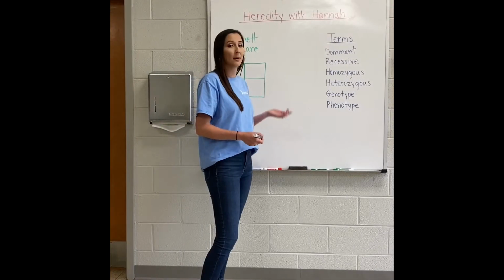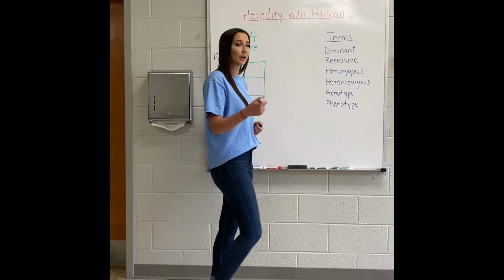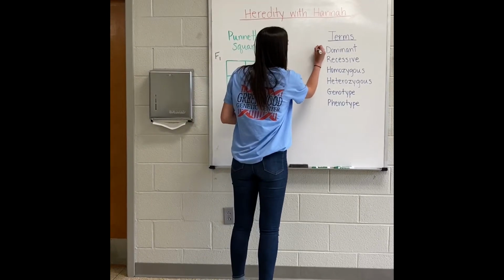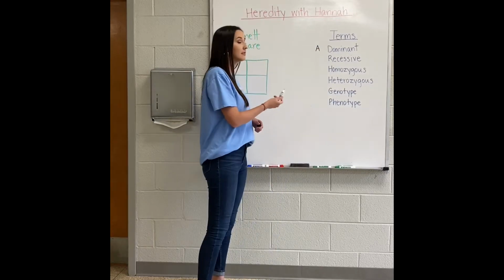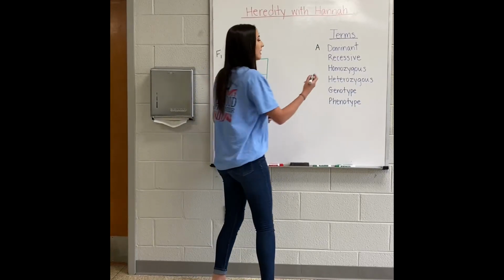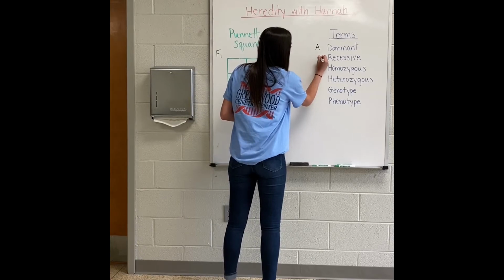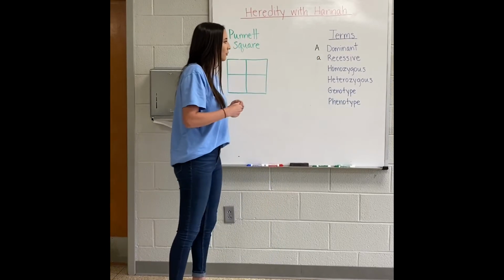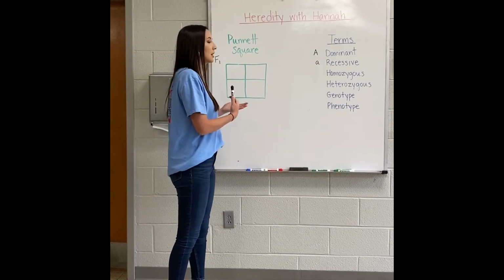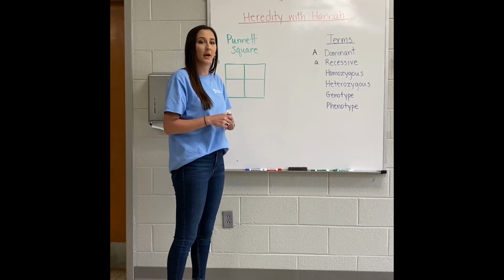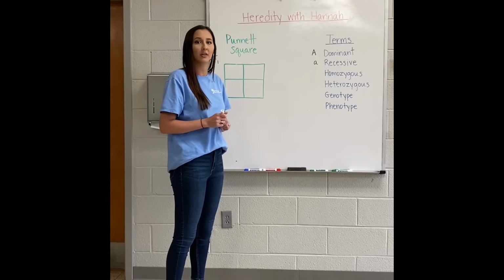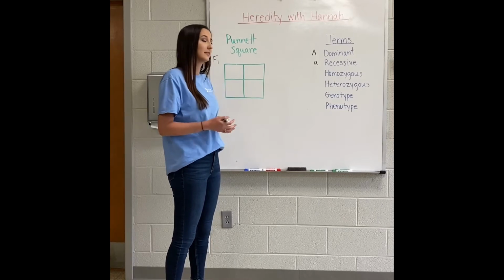So for a dominant allele, we're going to use an uppercase letter, and I'm going to use the letter A. For a recessive allele, we're going to use a lowercase letter. So I'm going to do a lowercase a. So for our Punnett Square today, we're going to practice doing a cross by doing Gregor Mendel's cross that he used between his pea plants.